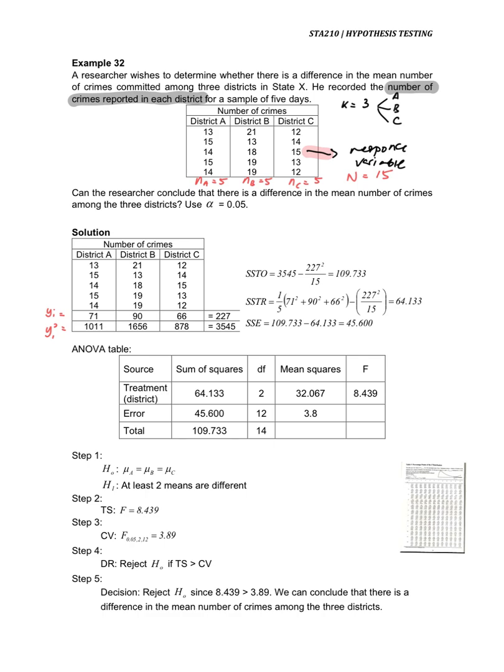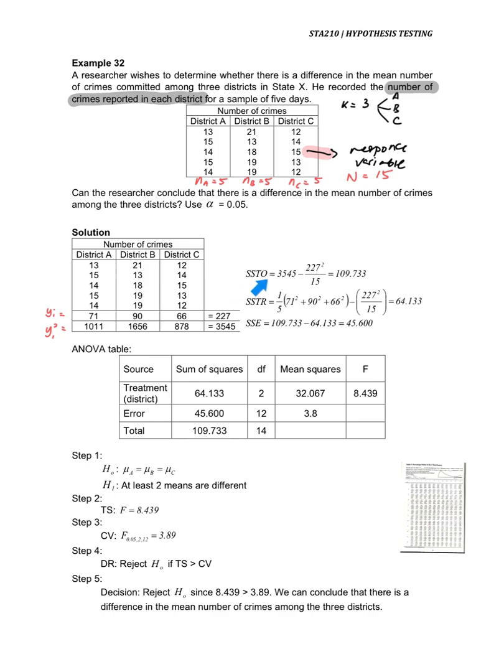Finally, the sum for Yi is equivalent to 227, and the summation for Yi square is 3545.